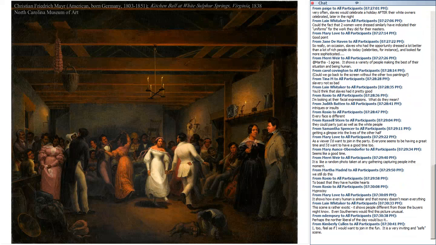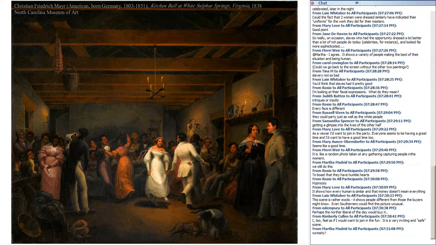I mean, is it just the foreignness of the subject? Does it confirm your idea about slavery, or what you've heard about slavery, that it's not that bad, as somebody has pointed out? These people are quite well fed. They're well dressed.